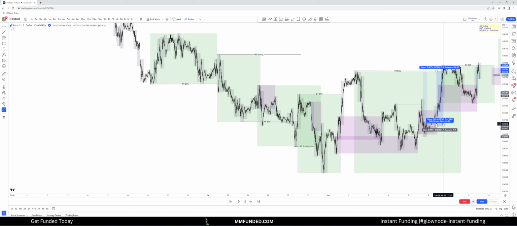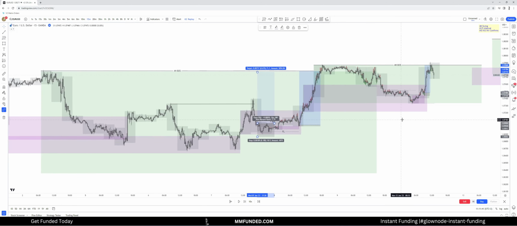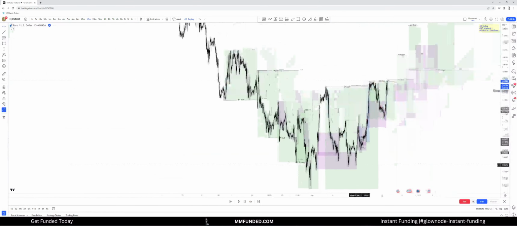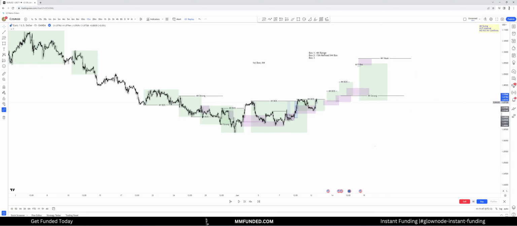So this is just my personal way of how I understand structure, how I mark out my expectation of the order flow, which allows me to catch really tight risk to reward trades, such as these examples over here, and how you can go from 1 to 3 risk to rewards all the way down to refined 1 to 40 risk to rewards. And all this is a continuation of order flow, higher time frame expectational order flow.